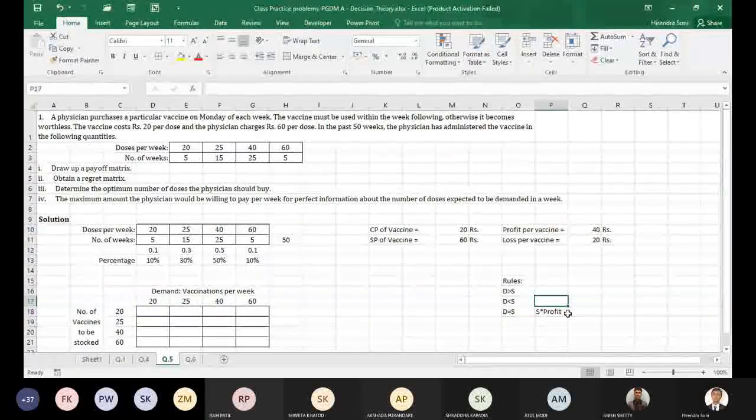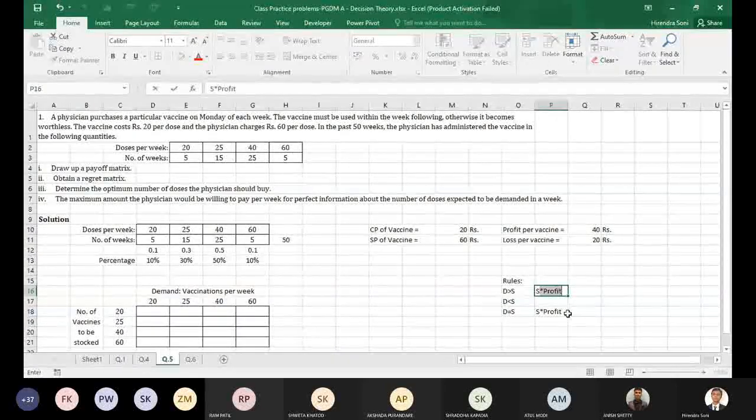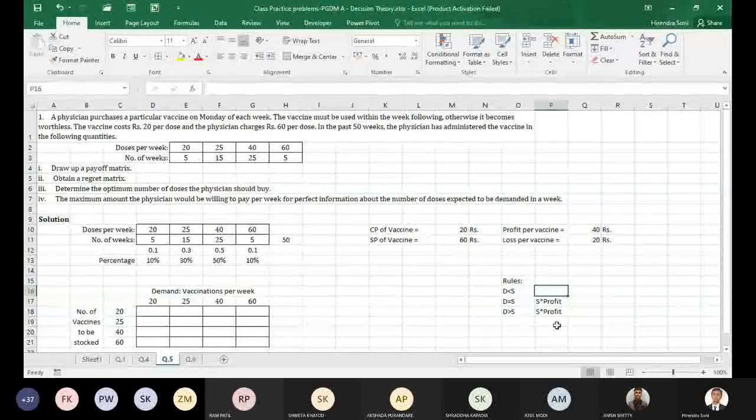I will write this here itself, so it would be easy. When demand is less than the supply, then what? That is the time when I will be making profit on whatever is the demand.